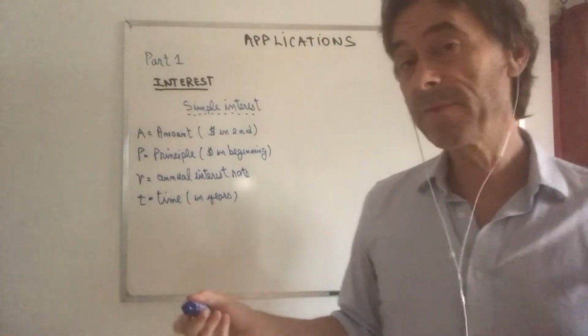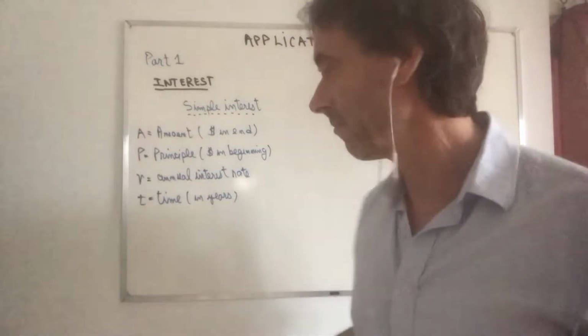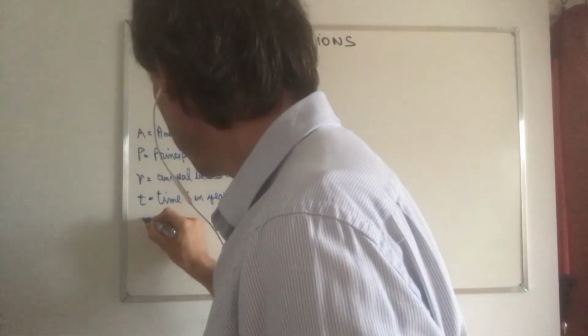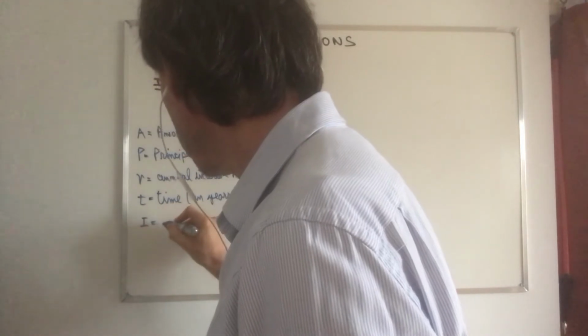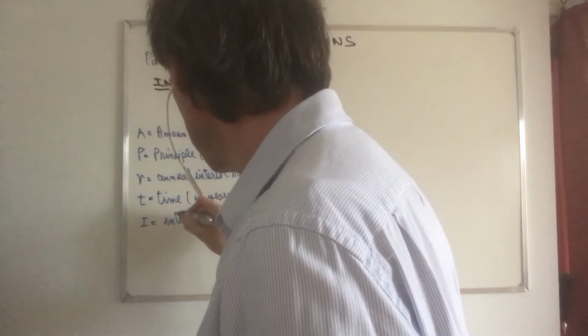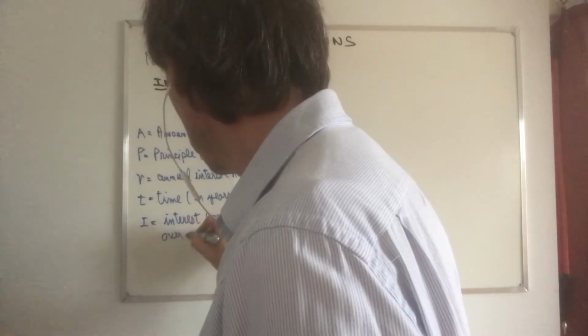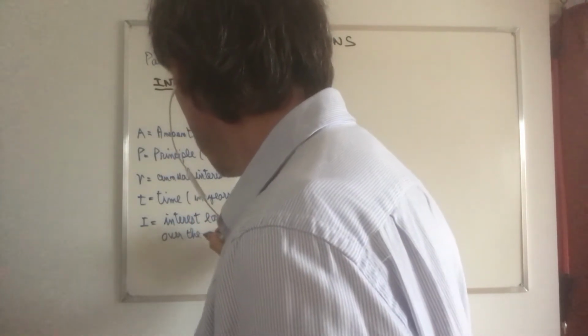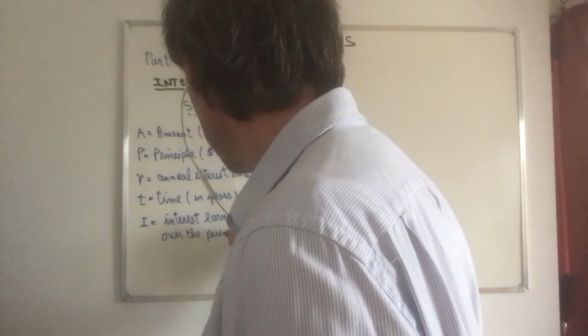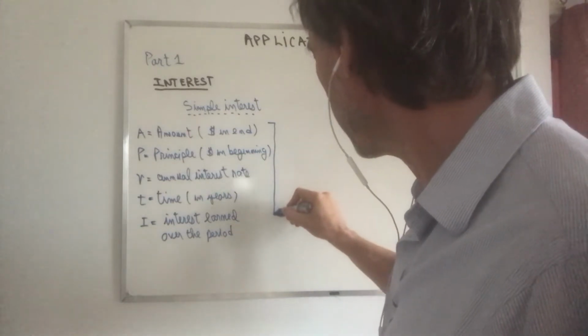So if you leave it in the bank for 6 months, then you leave it in the bank for half a year. So T would be 1/2, sort of thing. And finally, big I is the interest earned over the period. Okay? So this is kind of the basic vocabulary.